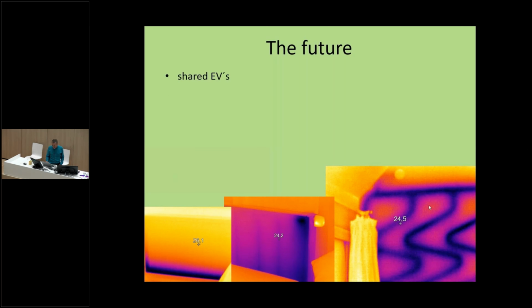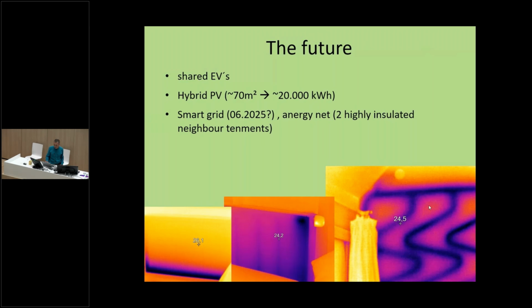Yeah, but what's the future? We have one EV and one hybrid now shared. We have 36 people living in that building in 12 flats. And we have 8 mobiles, and we have in future about 7.